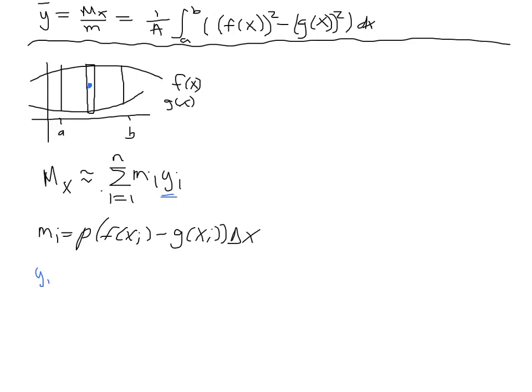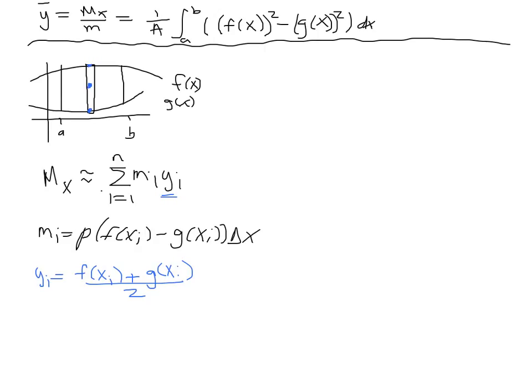So y sub i will be the average of the y values. That is f of x sub i, so the average of this y value plus that y value, divided by 2.